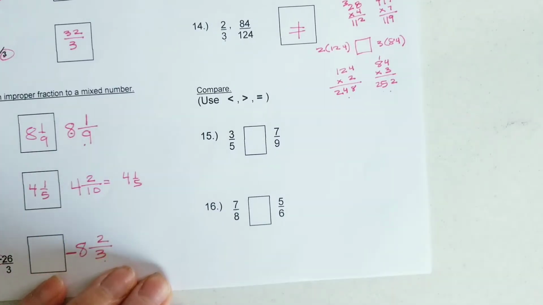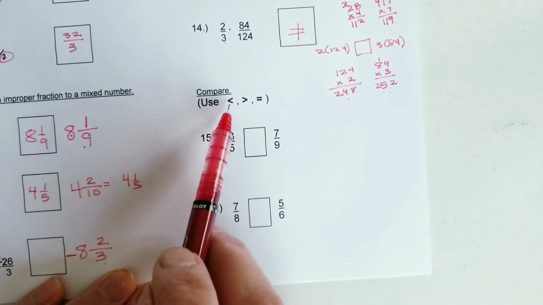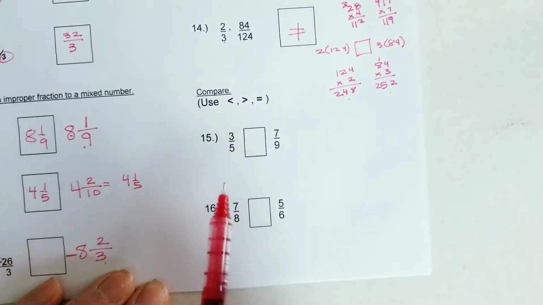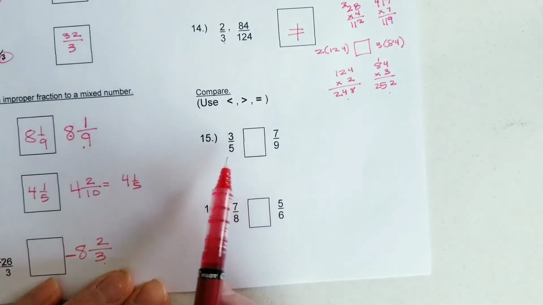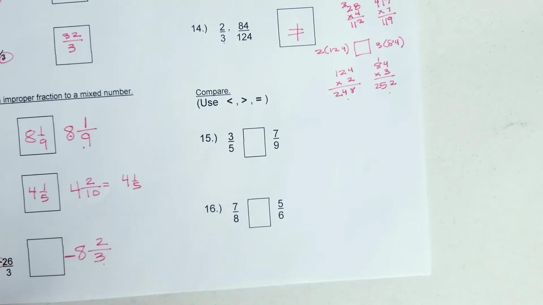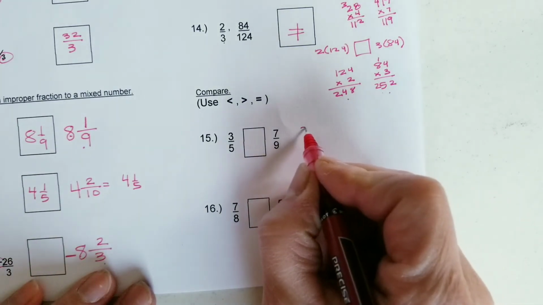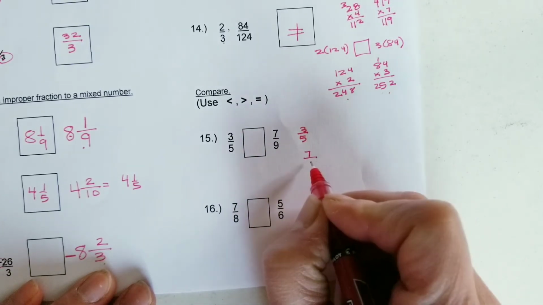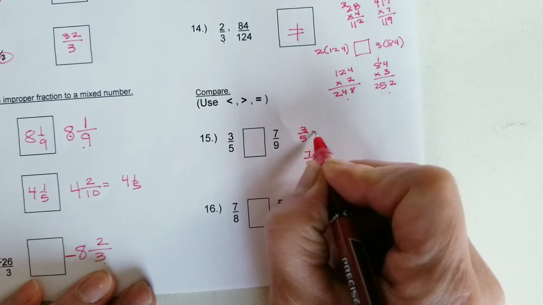Okay, so for number 15 and 16, they want you to compare, and you're either going to put a less than, a greater than, or equal sign in the boxes here. There's actually a few ways that you can try to see which is less than or which is greater than. The first way I want to show you is you will set these two fractions and create equivalent fractions.